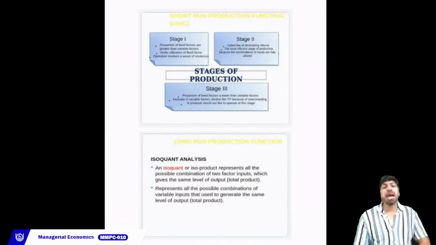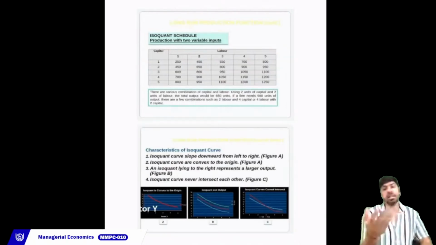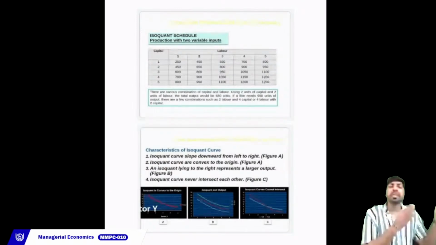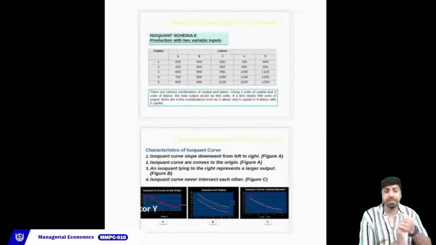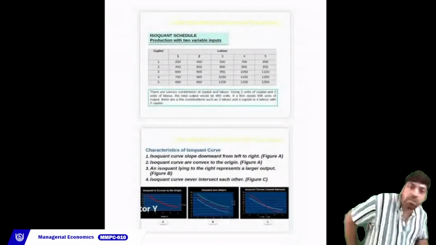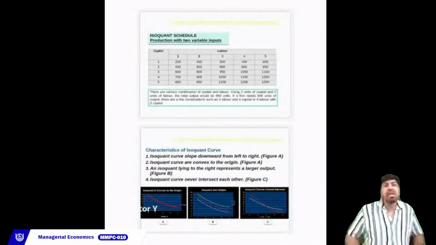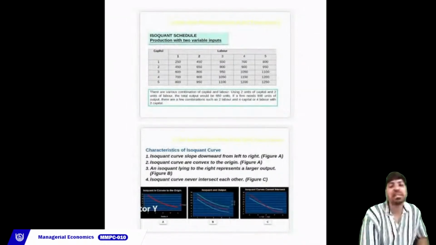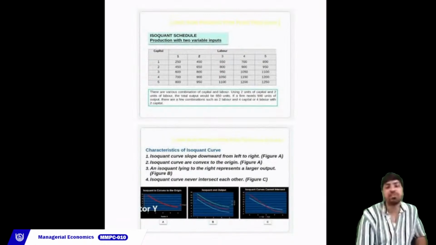When we talk about isoquants, the isoquant schedule is also maintained, which shows combinations of capital and labor, that is, the production from two variable inputs. Capital is shown as 1 to 5, and the labor units are 1, 2, 3, 4, 5. Every labor unit has subcategories of output, that is 250, 450, 600, 700, 800.